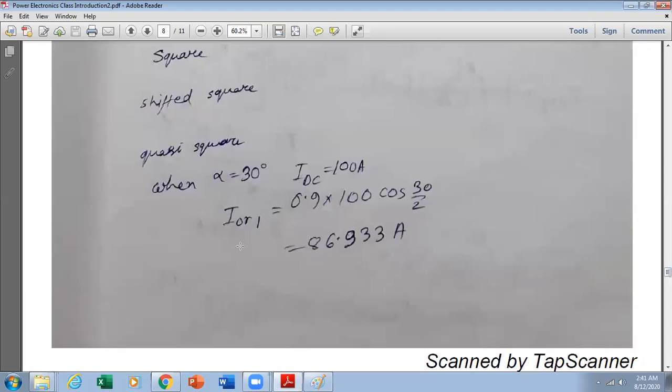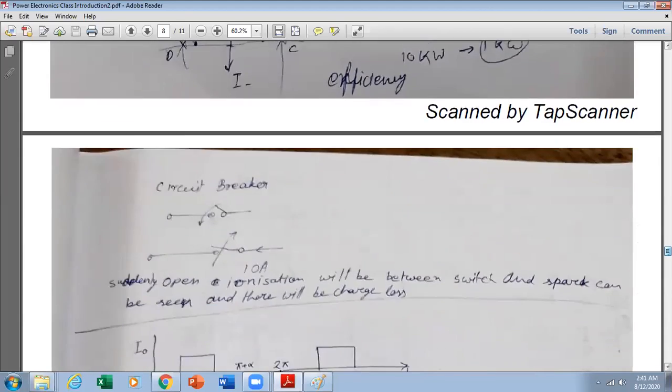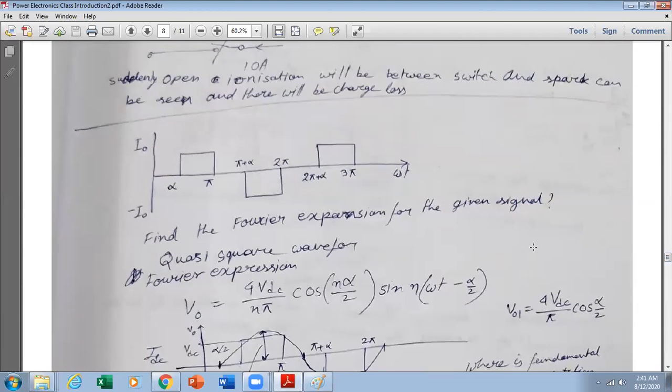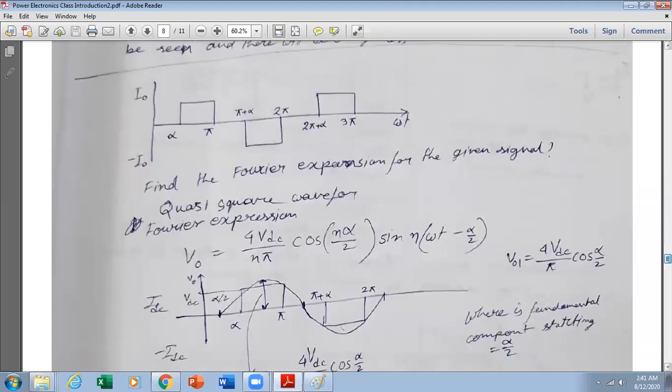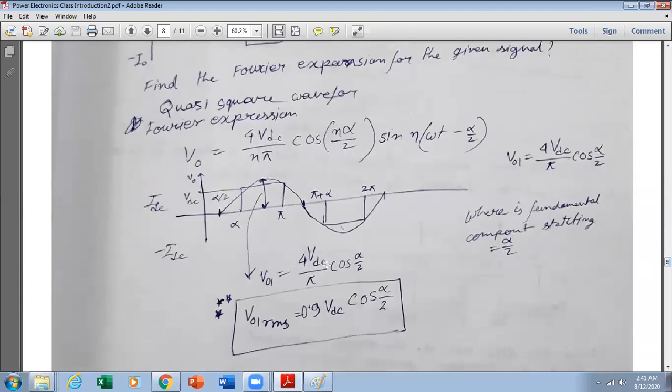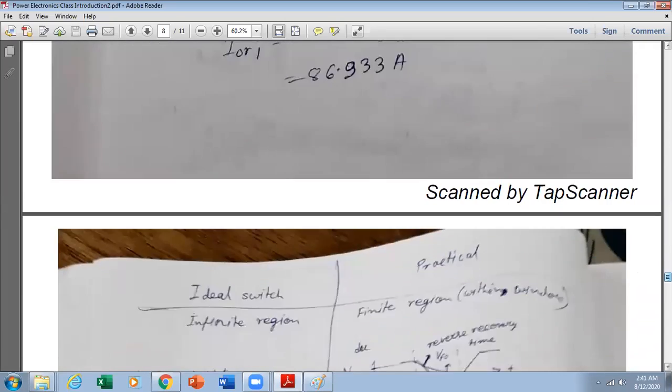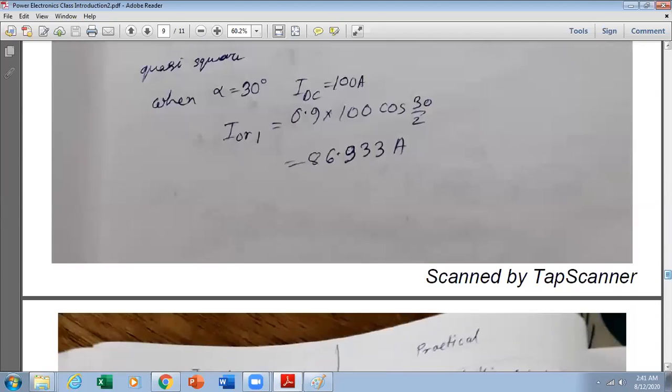Now in 2018, one question came that in a similar picture, instead of VDC, it was written IDC, and the IDC value was given, equal to 100 ampere. Alpha is 30 degrees.